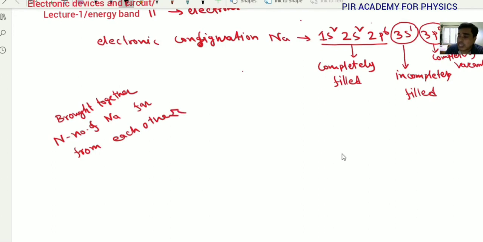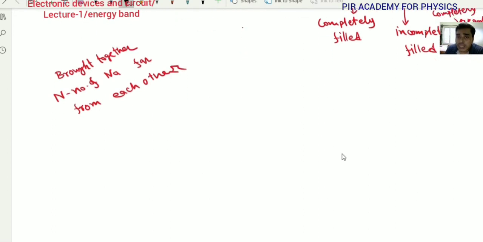Here I have n number of sodium atoms, and these atoms are far from each other.